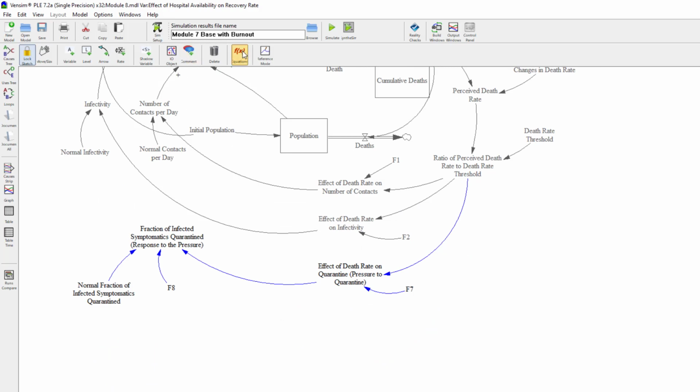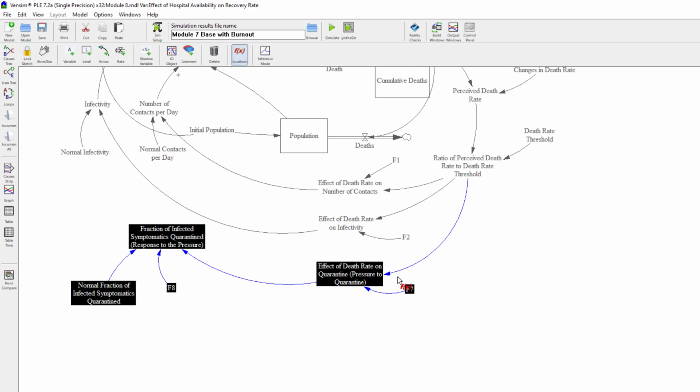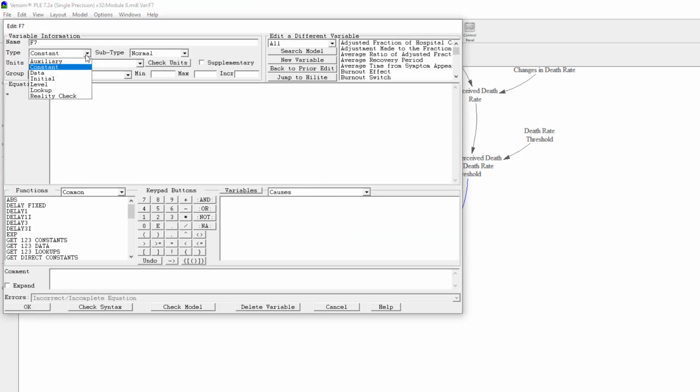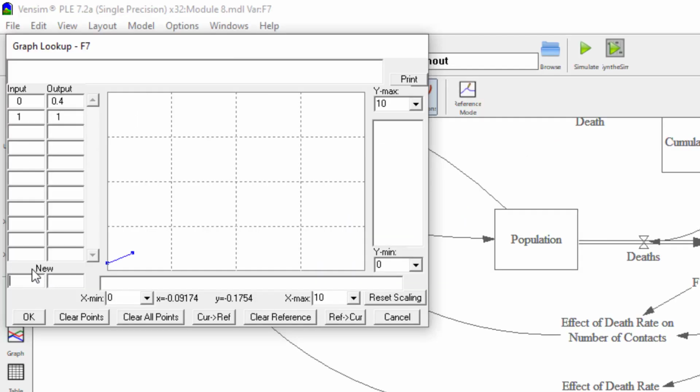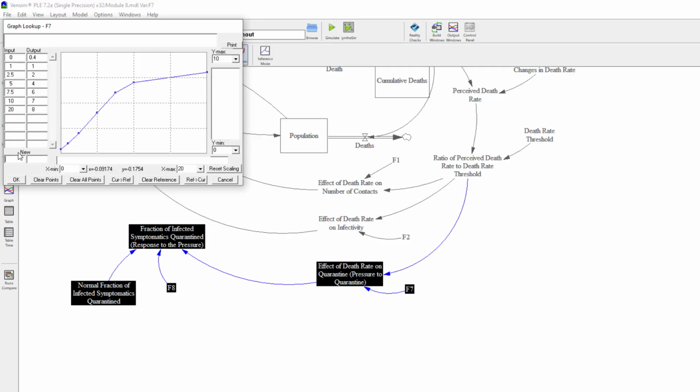All right, now let's define the equations here. First of all, let's plug in the numbers for F7. The type is going to be lookup. Then you can click as graph, and the coordinates on this graph are going to be 0, and so on.